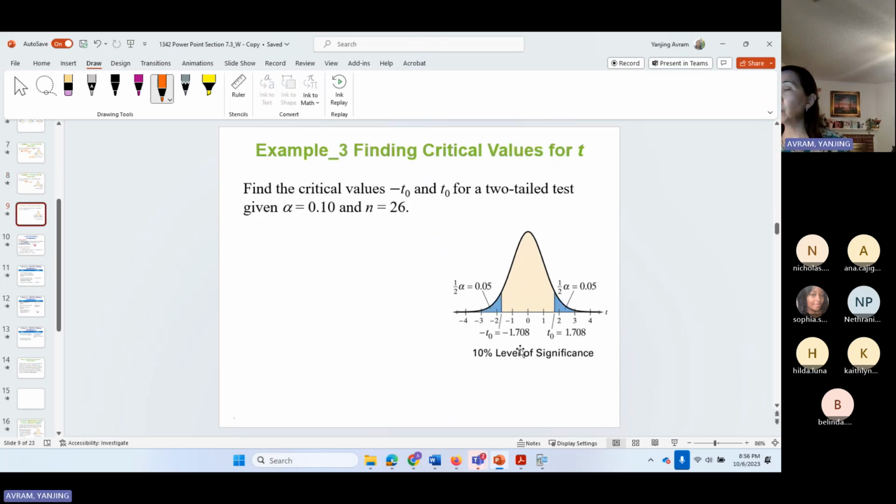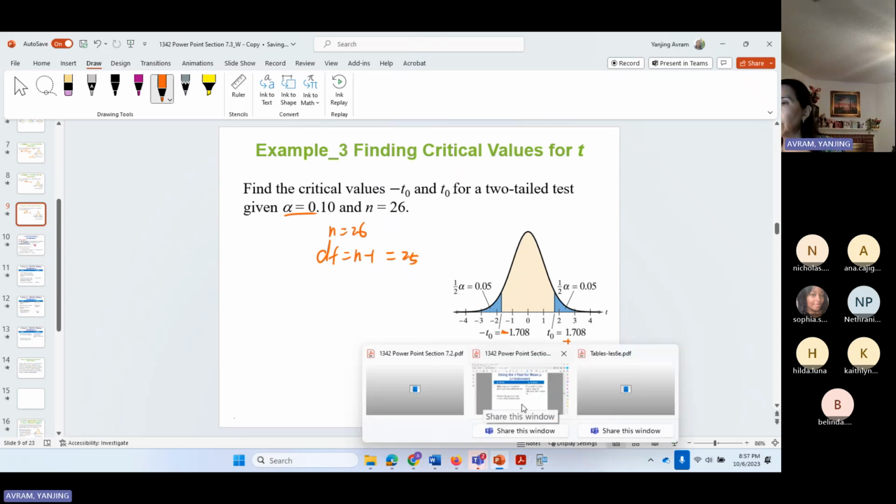All right, if you use a two-tail test, now one is negative, one is positive. Well, you don't have to write down positive, okay? But n is 26, so my df here will be n minus 1, so that's 25, right? And then you use alpha 0.1 for the two-tail.